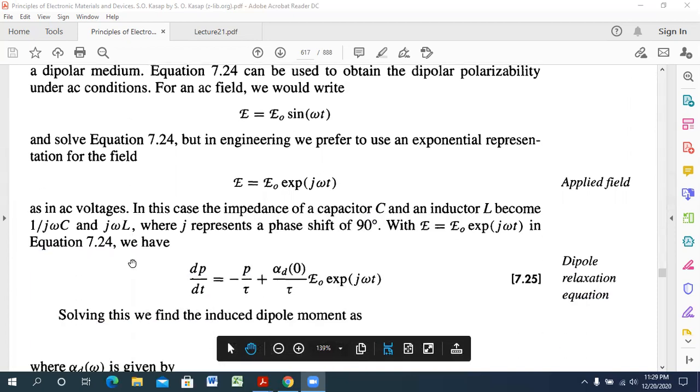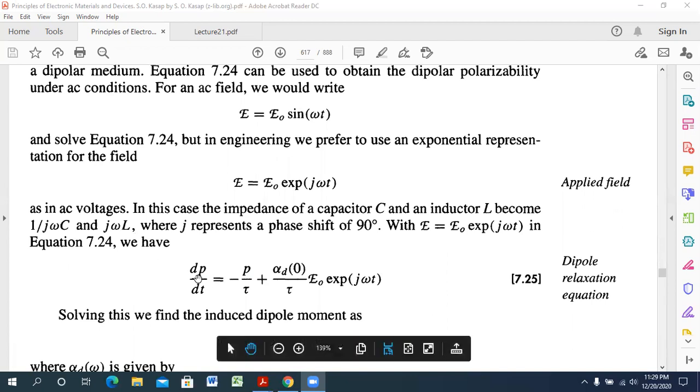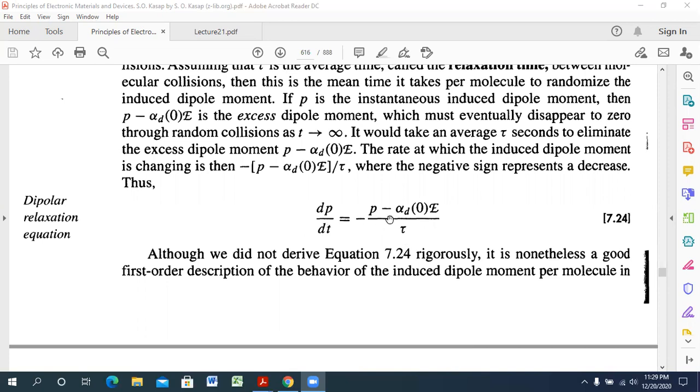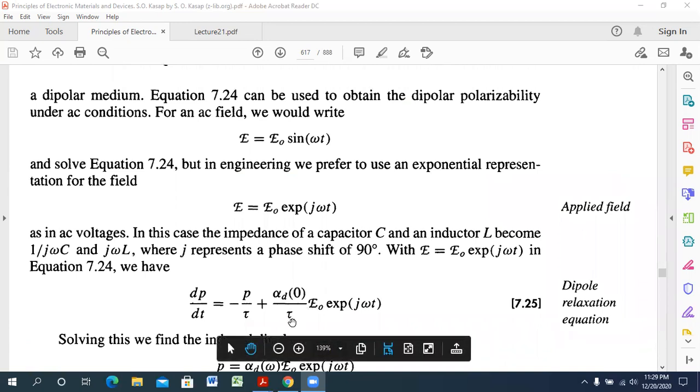Now if we put this value here, then dP divided by dt should equal minus P divided by tau. If we look at equation 7.24, P divided by tau, this minus and this minus make this plus, so that one is alpha d naught E divided by tau.